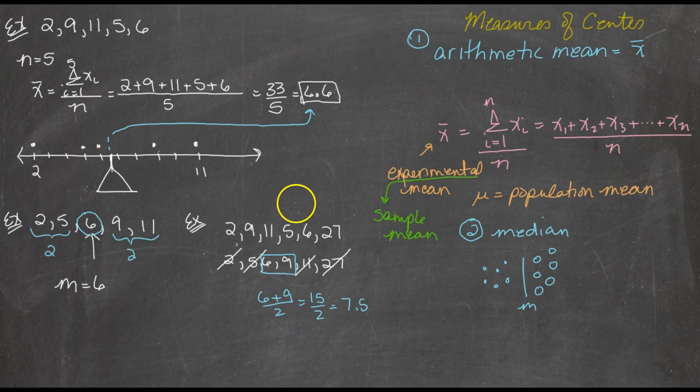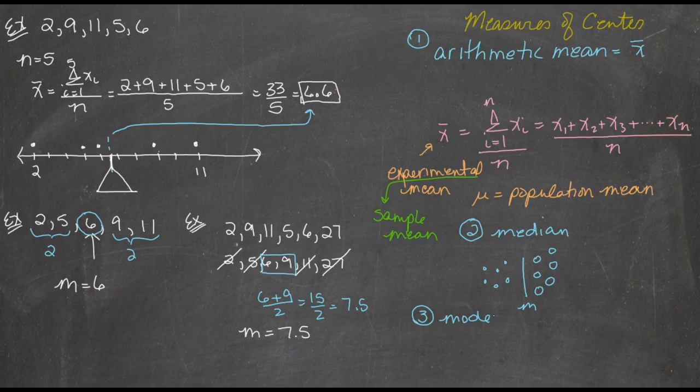So for this second data set, I use the mean to find the median, but the median value is 7.5. That means exactly half of the data falls smaller than 7.5 and half of the data is bigger than 7.5.